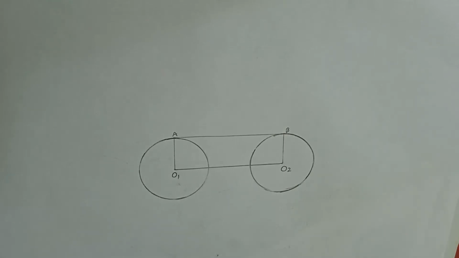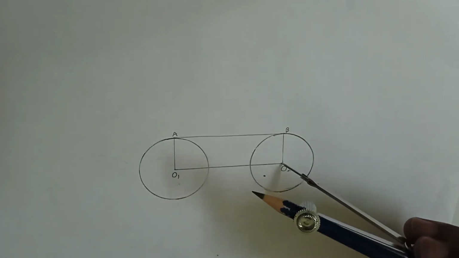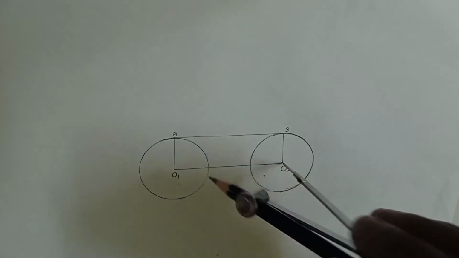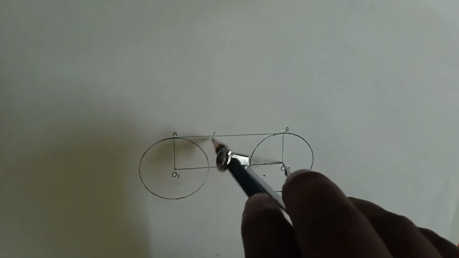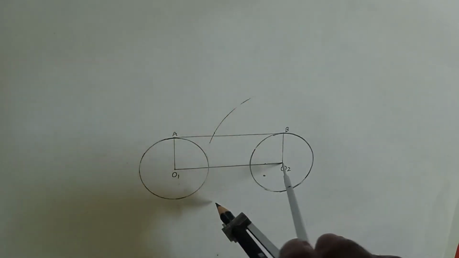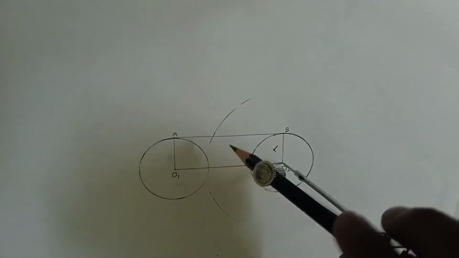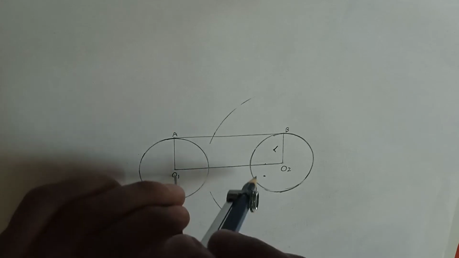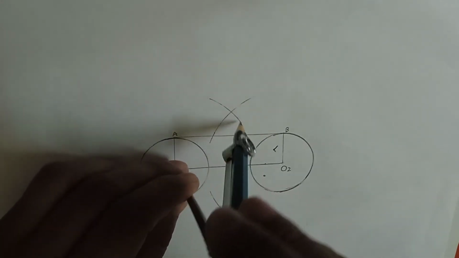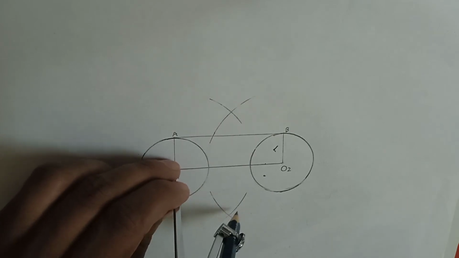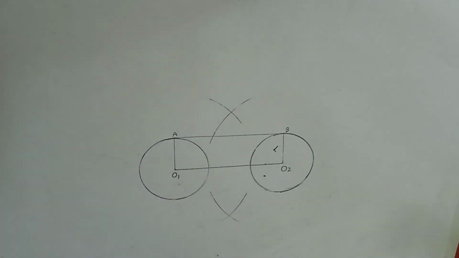To bisect the line O1O2, we will have to take a distance greater than half of O1O2 in the compass and mark an arc in both upward and downward directions. And from O2 again we have to mark the arc in both upward and downward directions.